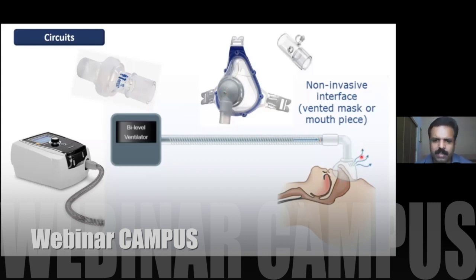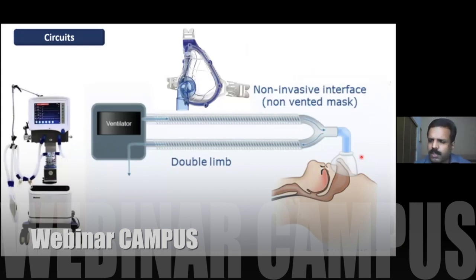Okay, so now you come to the dual limb circuit. In the dual limb circuit, we have an inspiratory port. The gas goes in, the patient exhales, and the gas goes out through the expiratory limb. So you have an inspiratory limb and an expiratory limb.